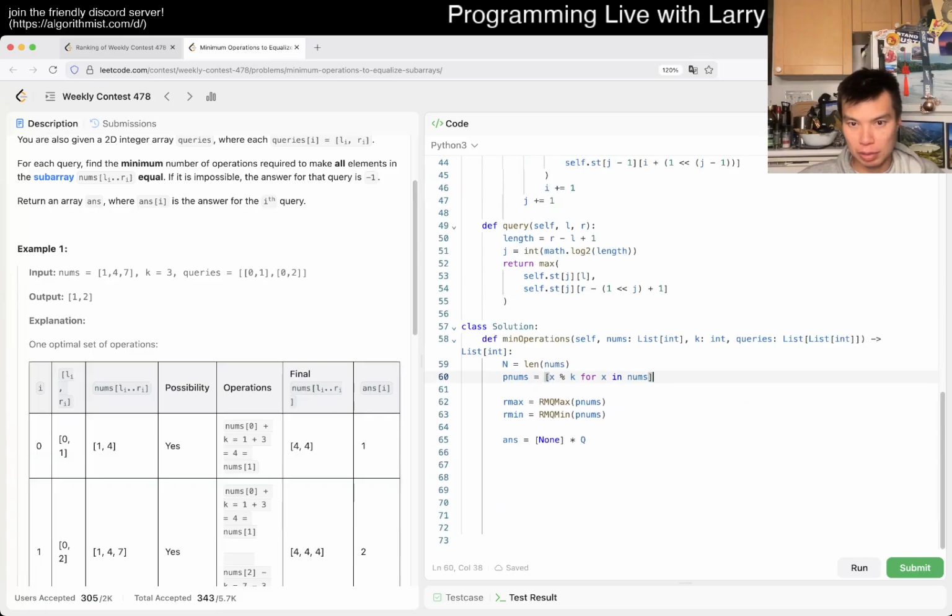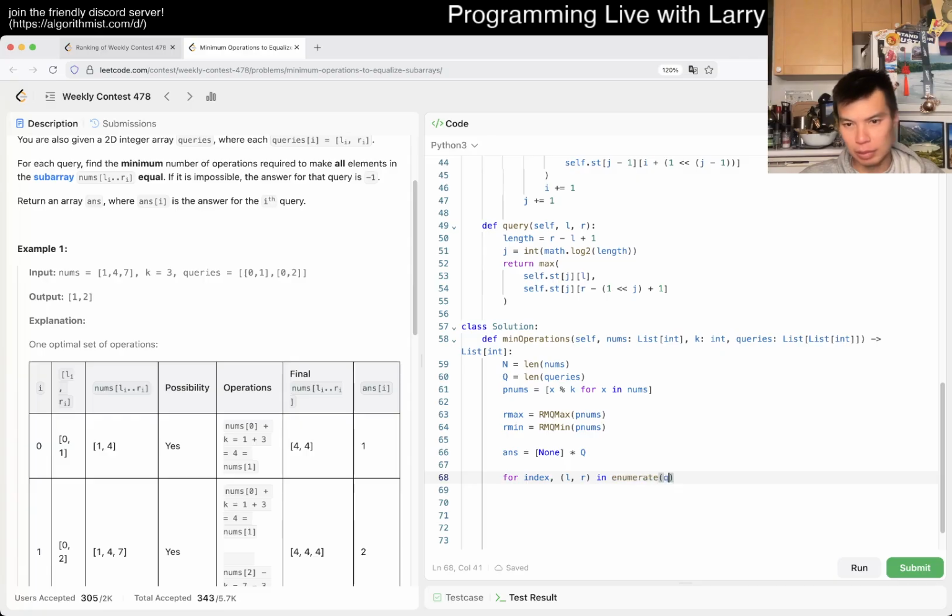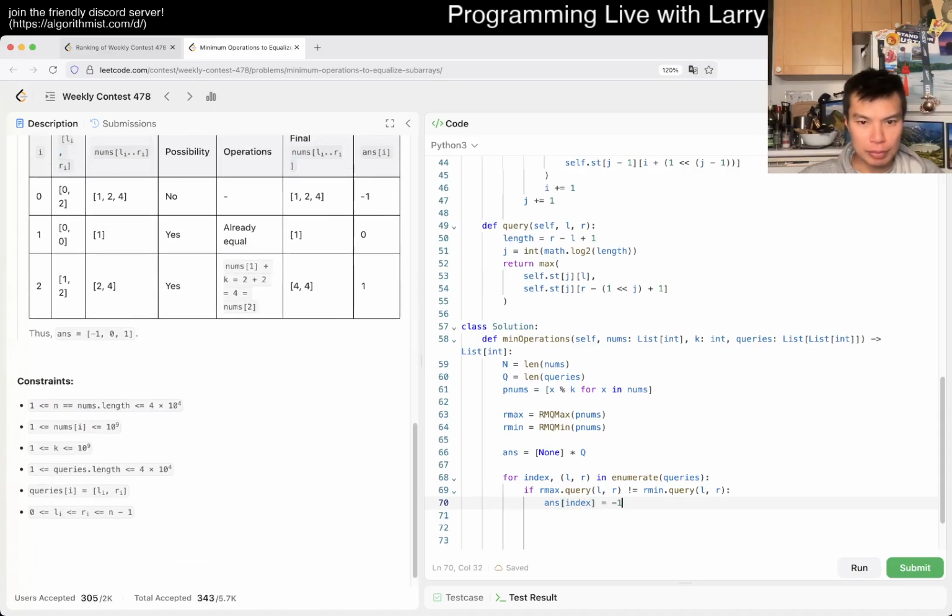Right, and then now for x, y, whatever, left, right, in the queries. Now what we want is if... right, okay, else we can't just put it somewhere, right?